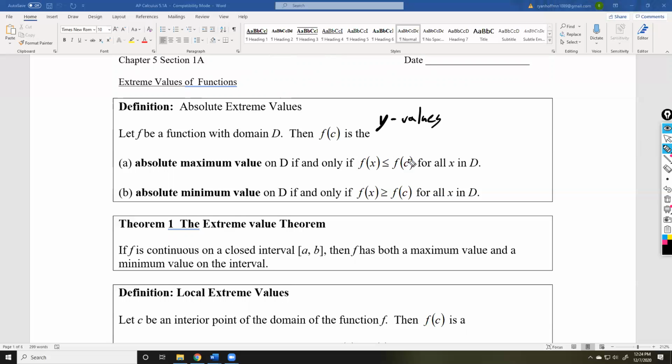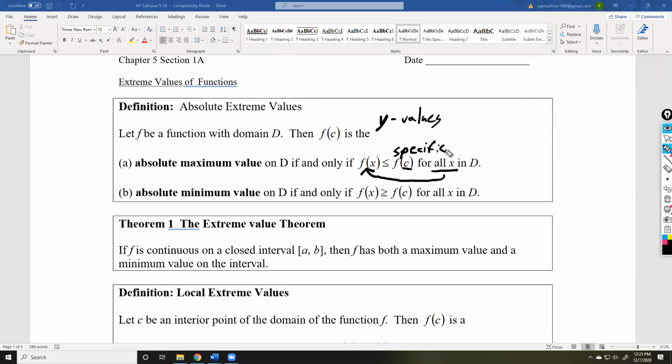We're talking about y values here. For all x, the y value for any x value is less than or equal to this specific value.